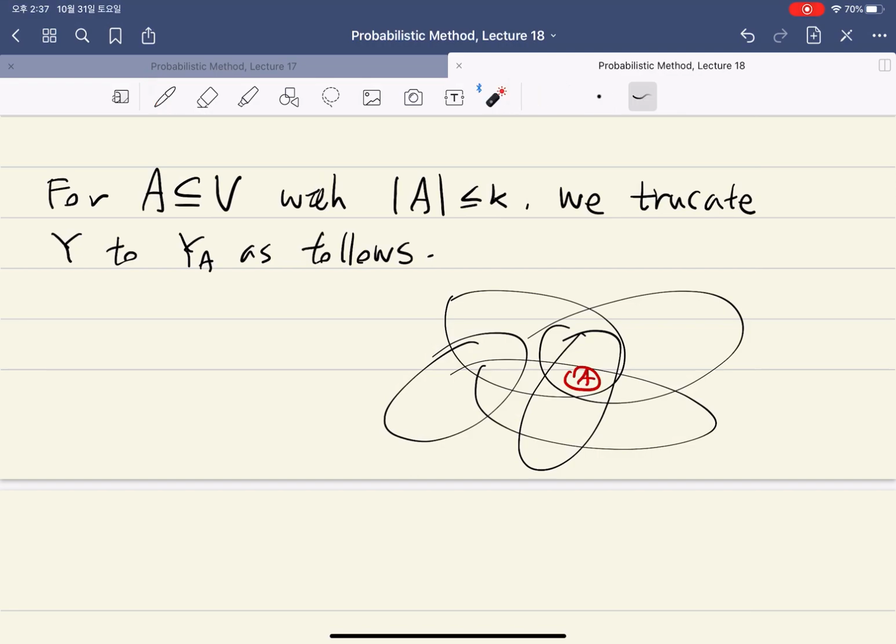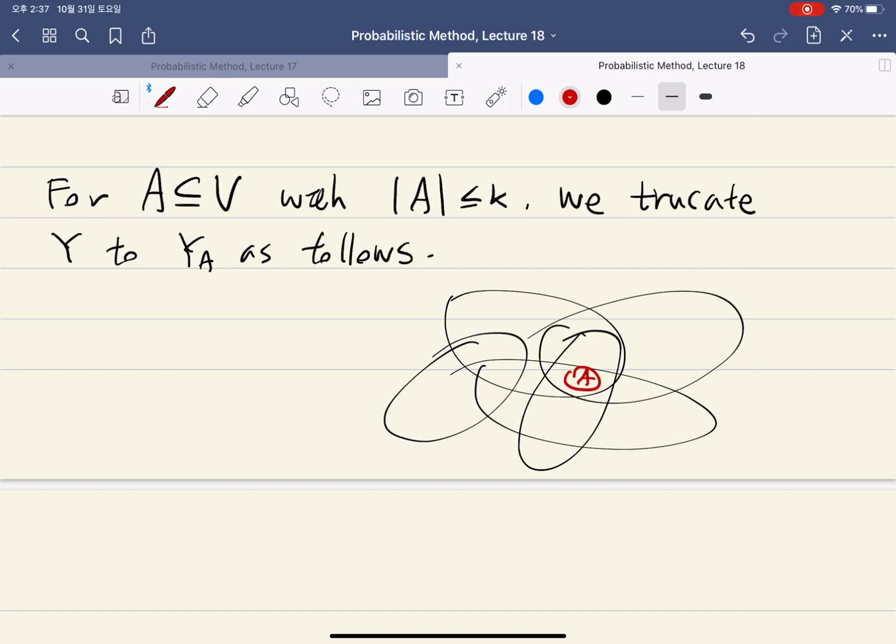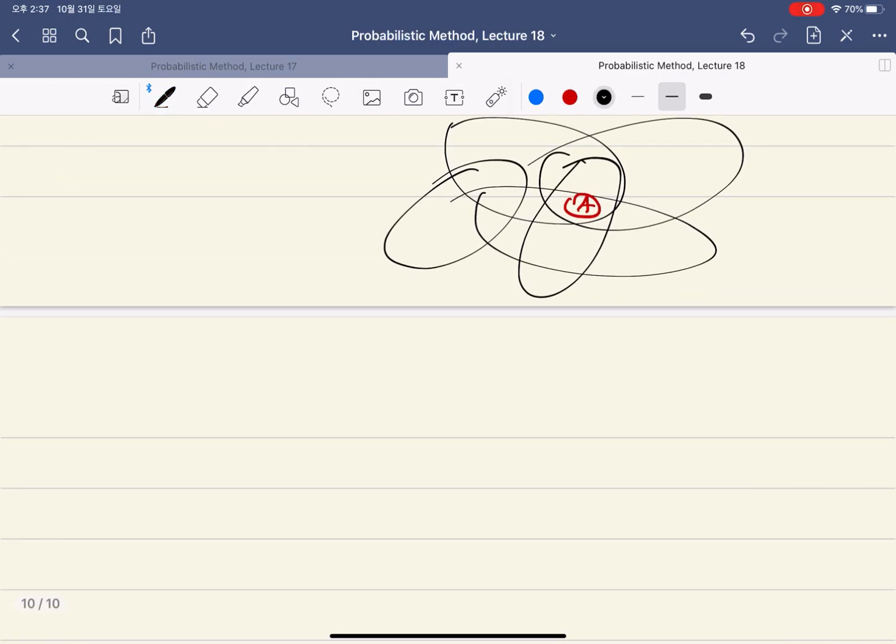We consider all the edges which contain A, and then we consider E minus A, E prime minus A, E double prime minus A. So for each edge, you just delete A. Then that gives you a new hypergraph. And that hypergraph also corresponds to a polynomial. So that's Y sub A.